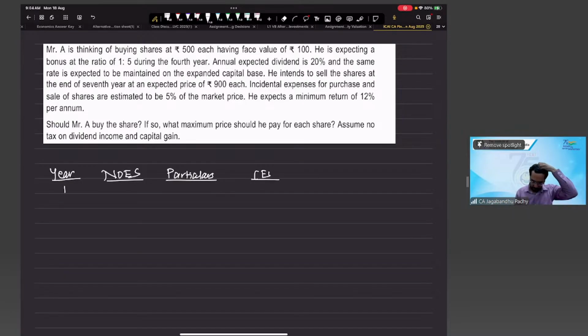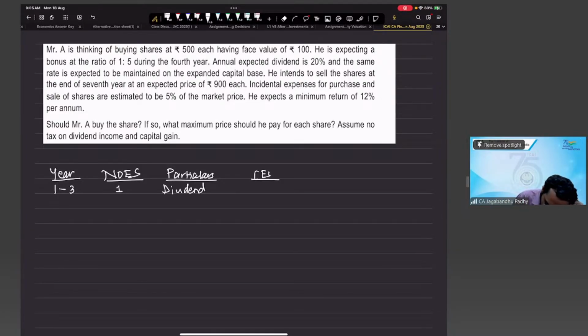So in years 1, 2, 3, the dividend is going to be 20%. For how many years? Bonus is expected during the fourth year. So from years 1 to 3, you will just have one share, and you're going to get dividend.